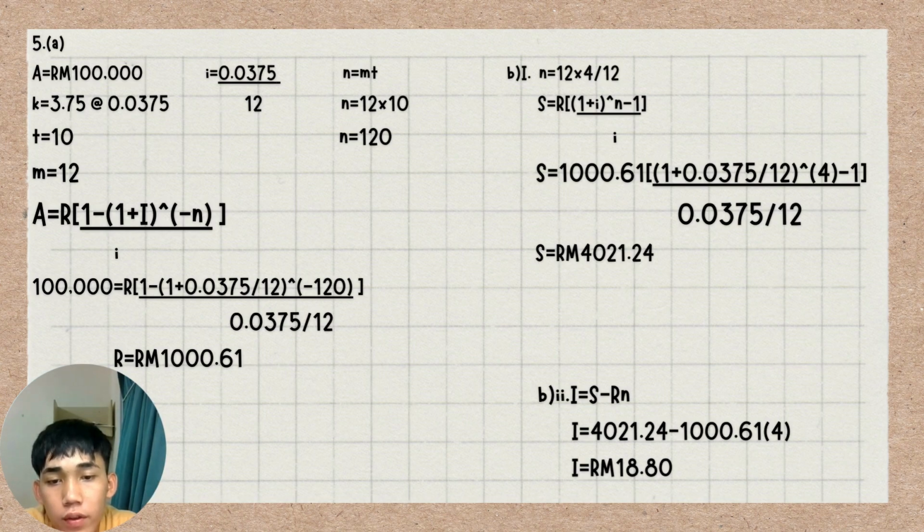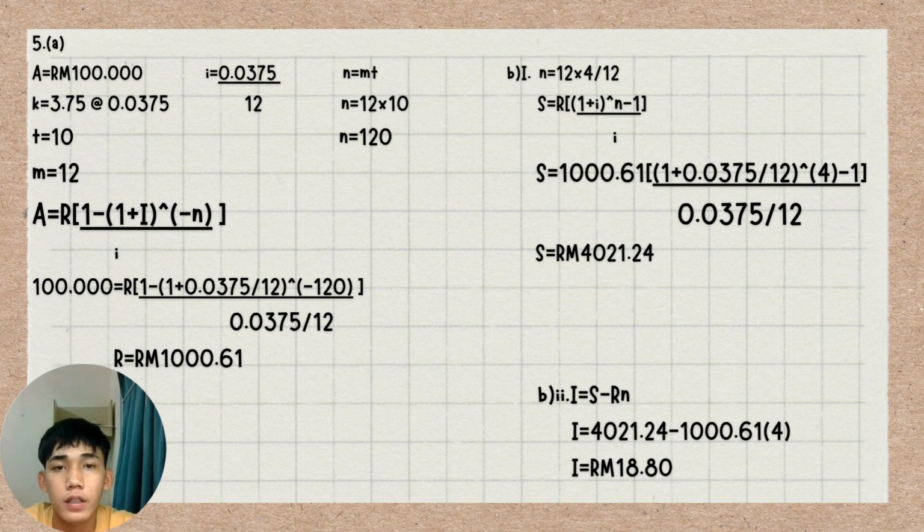We also have solved the value of n, it is 120. After we find all of the information, we just put it into the formula A equal to R times 1 minus 1 plus i to the power of negative n over i. By using shift solve, we will get the answer, which is 1,000 ringgit 61 cents.